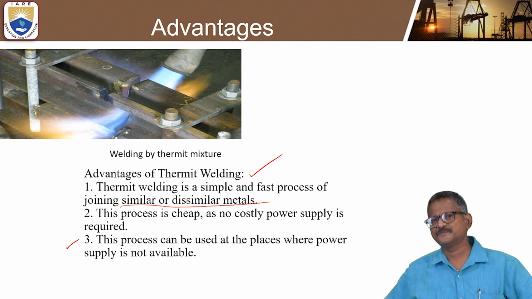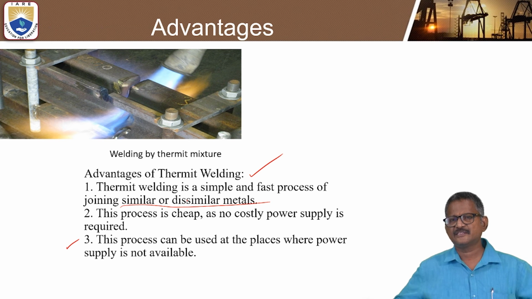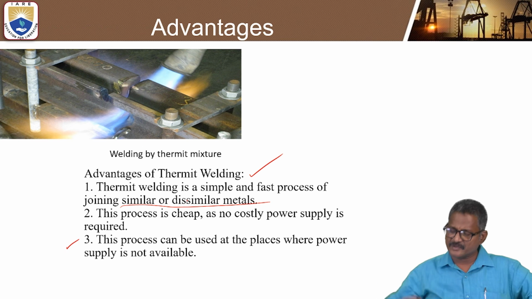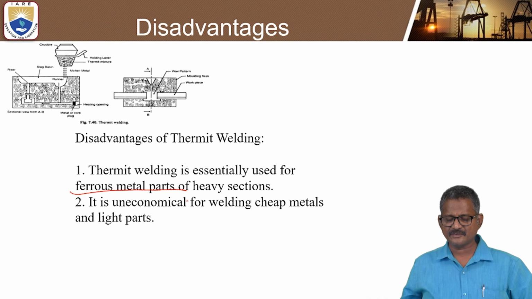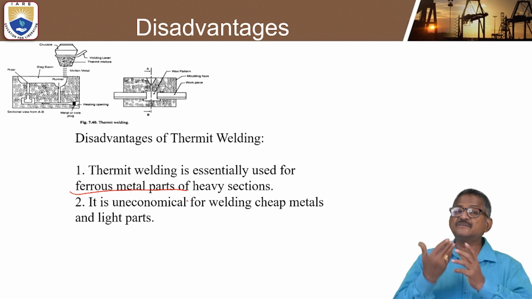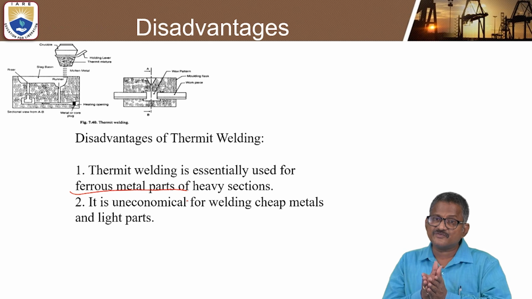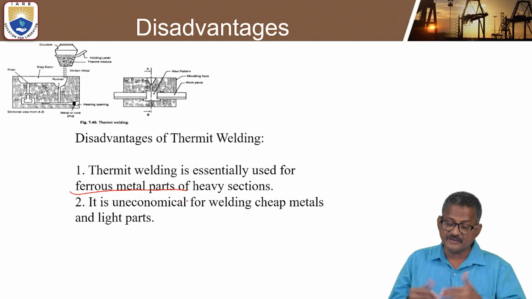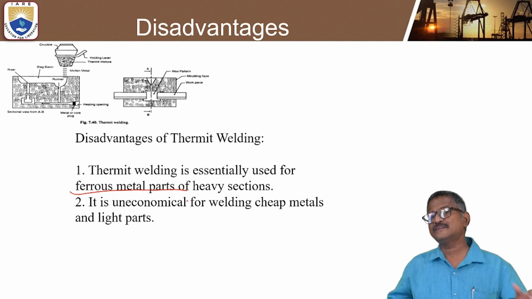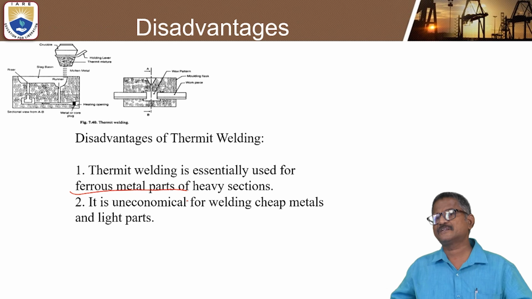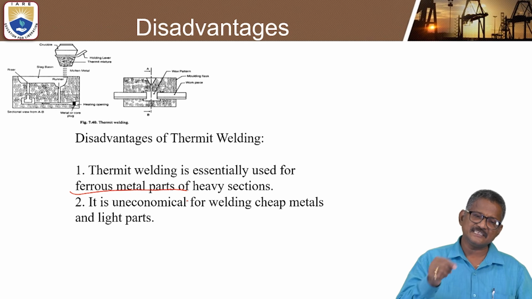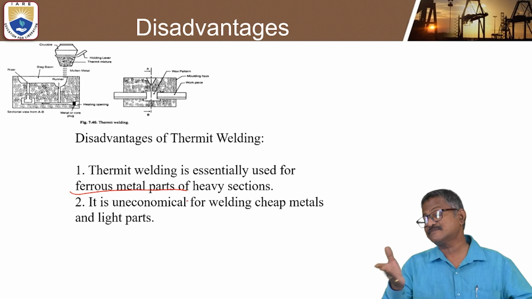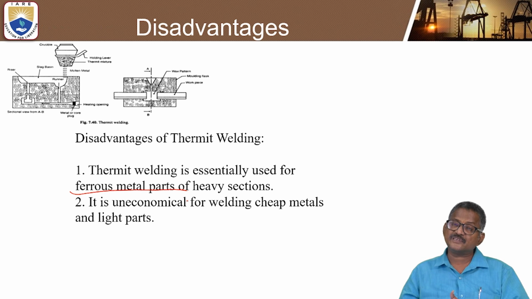Okay, and this process can be used at places where power supply is not available. And disadvantages: thermite welding is essentially used for ferrous metals of heavy sections, and obviously it is uneconomical for welding cheap metals and light metals. Why? Because for cheap metals, even if heated, distortion of the metals may obviously occur.